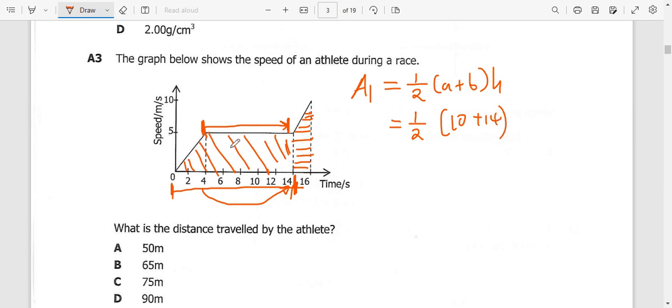And then the height is the distance from the beginning here up to the end here, which is 5. Good. So this gives us 1 over 2 multiplied by 10 plus 14, which is 24, and then multiplied by 5. 2 can go into 24 12 times, and then the answer you get times 5.